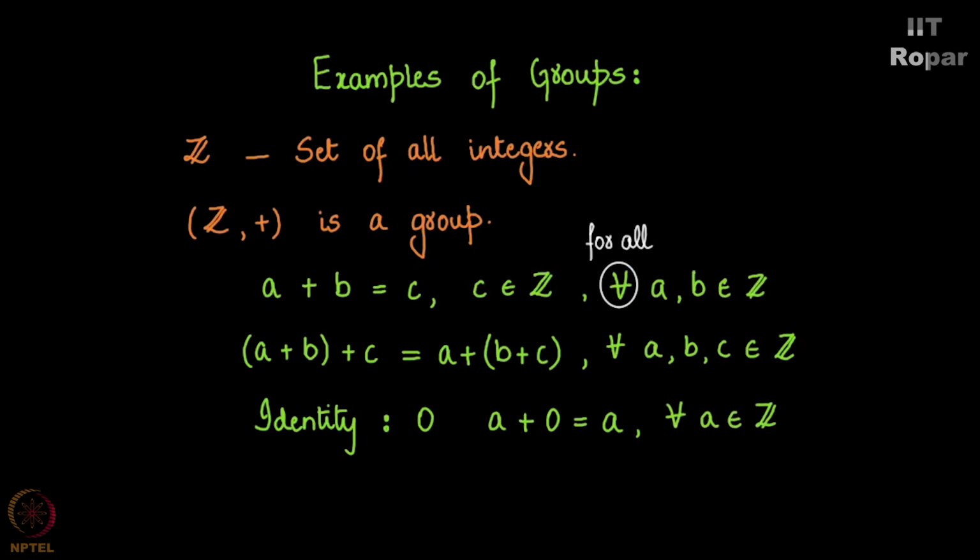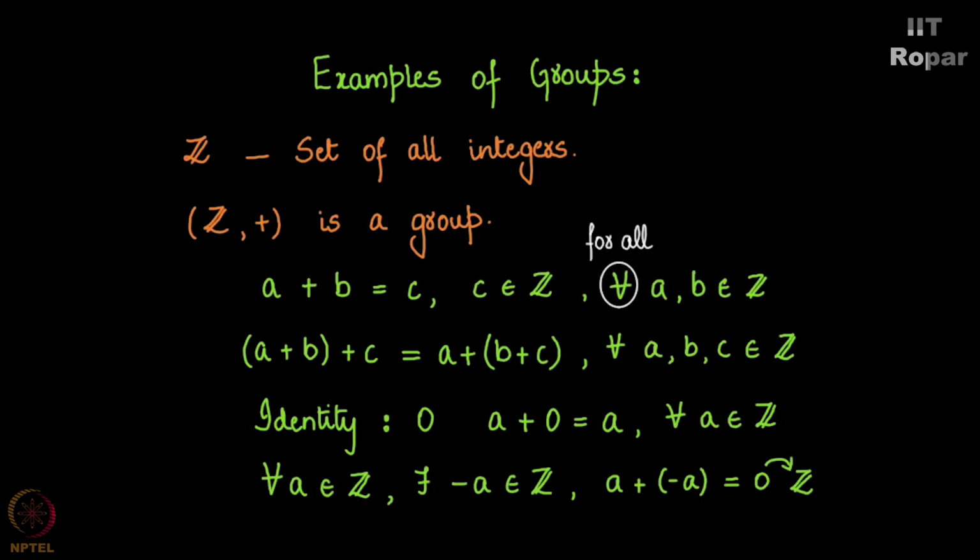Now, which is the last property? For every integer a in Z, there exists minus a belonging to Z, such that a plus minus a is 0. And where does the 0 belong to? It belongs to Z. This 0 is what we spoke of in the previous property.